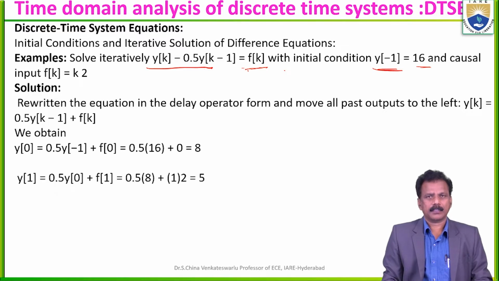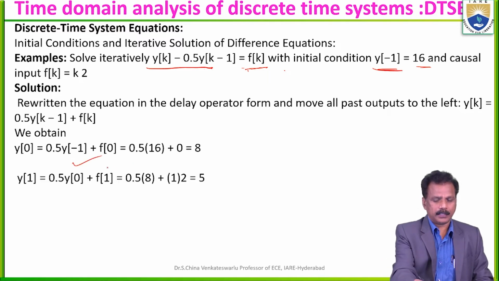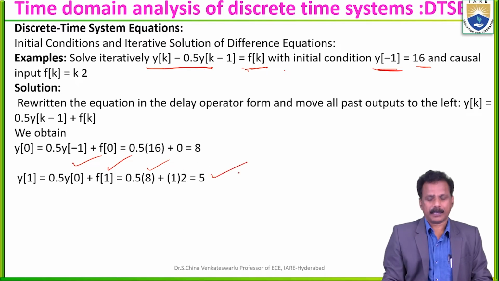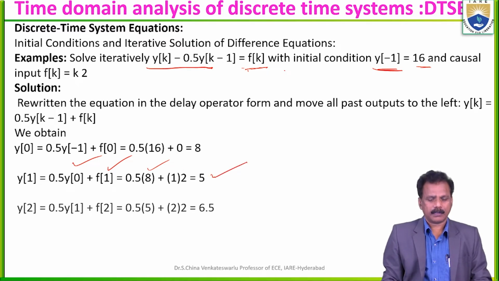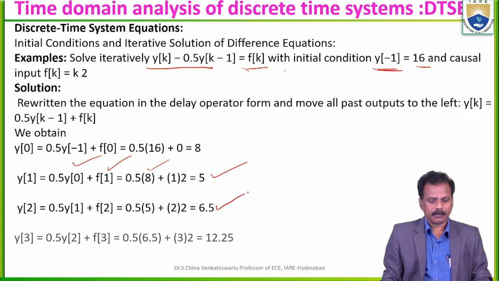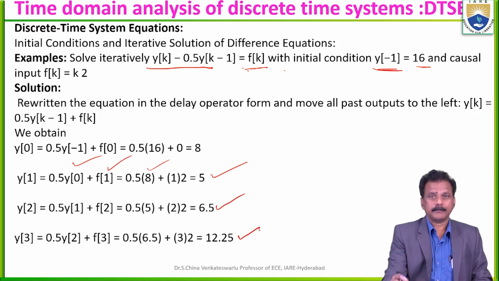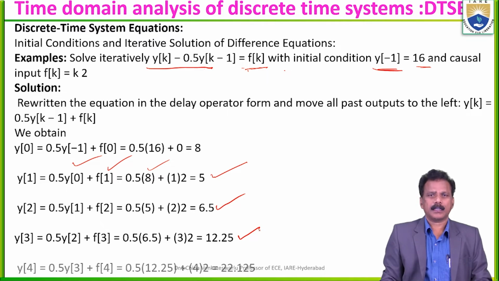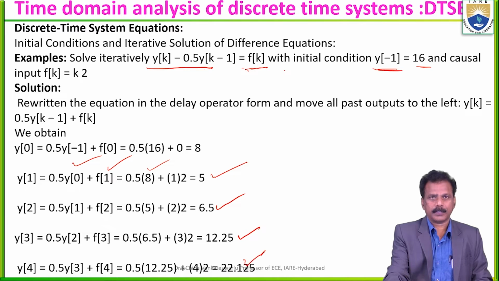Substituting, y of 0 is 8, y of 1 is 0.5 times 8 plus 1, which is 5, and y of 2 is 0.5 times y of 1 plus 4, which is 6.5. After that, y of 3 is 12.25, and y of 4 is 22.125.